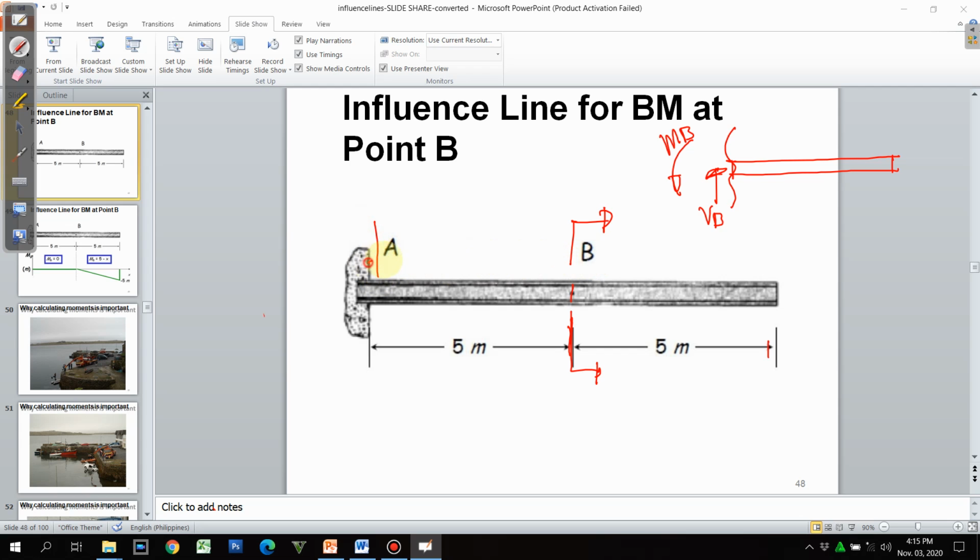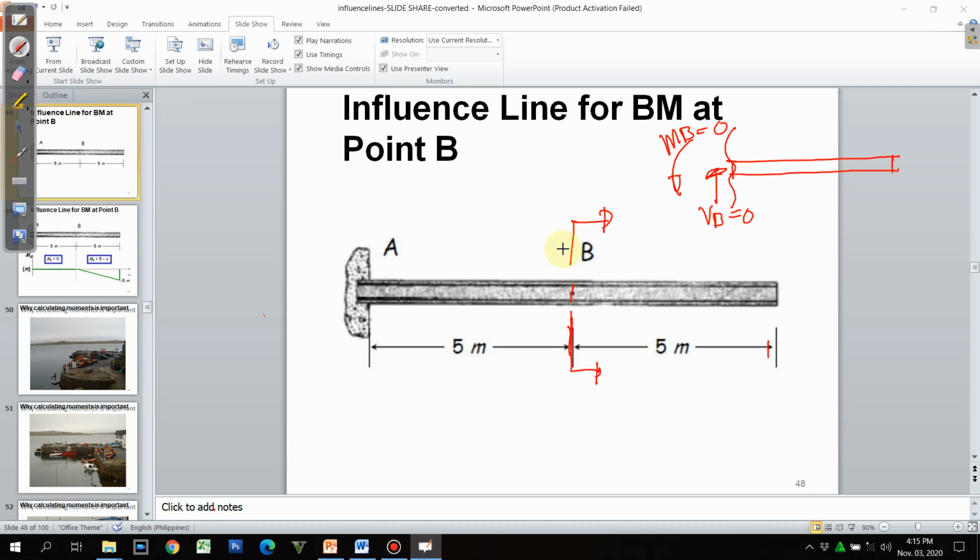If your unit load is within A to B, anywhere, as long as within A to B, your unit load is not present on this cut section. Therefore, there will be no loading here. So VB is equal to 0. At the same time, your rotation will be equal to 0 as well.